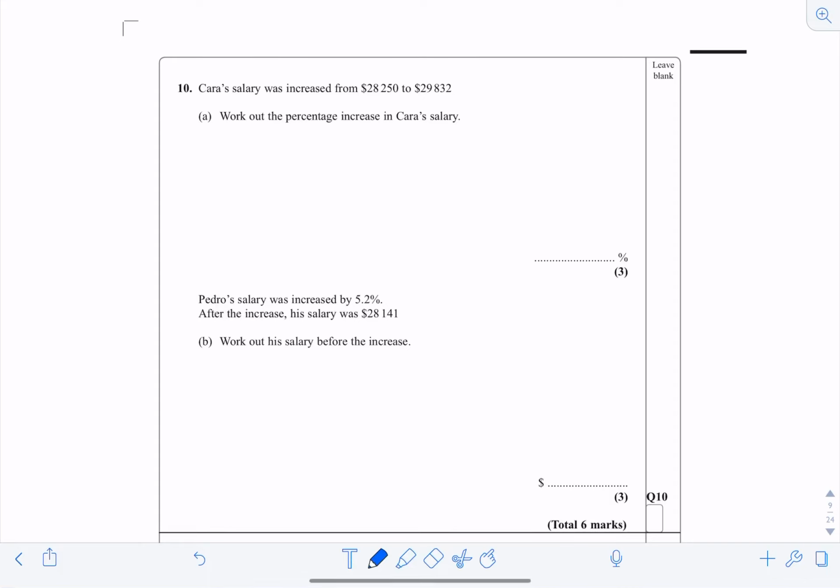I'm going to have salary at the beginning, call that salary 1, times some kind of percentage multiplier equals salary 2. Now it says salary 1 is 28,250 times some kind of percentage multiplier equals 29,832.